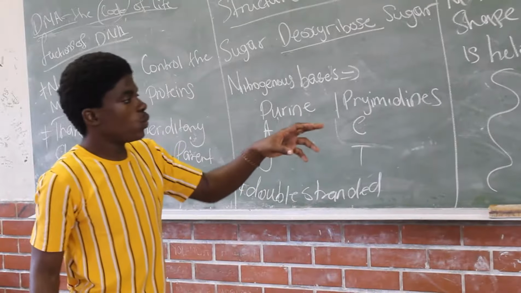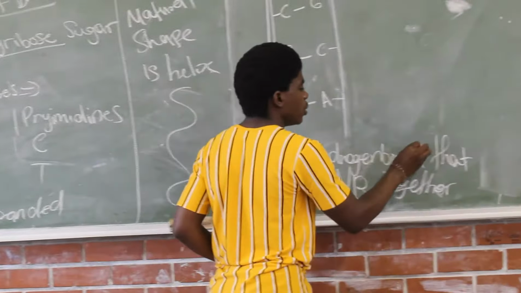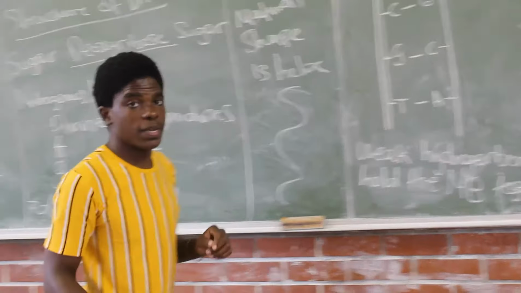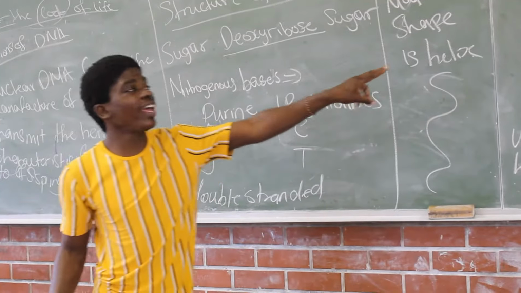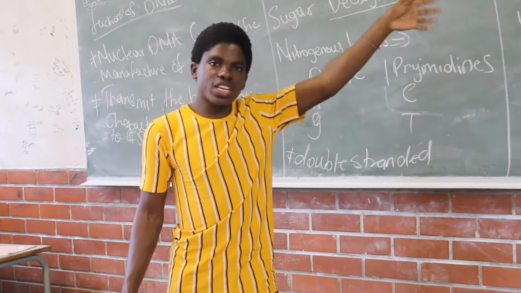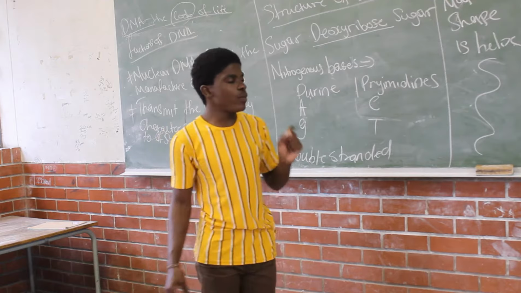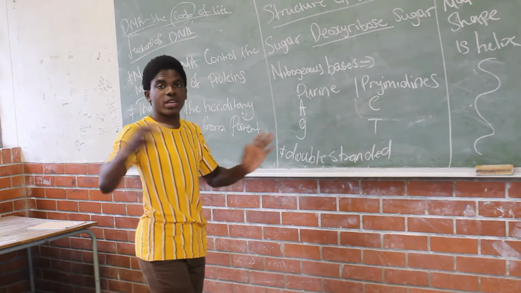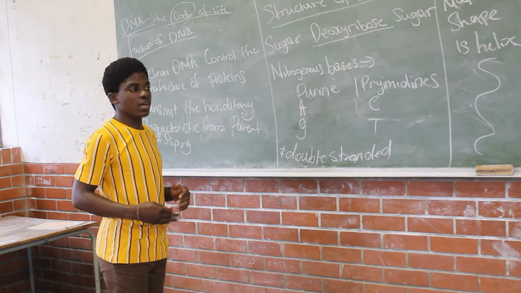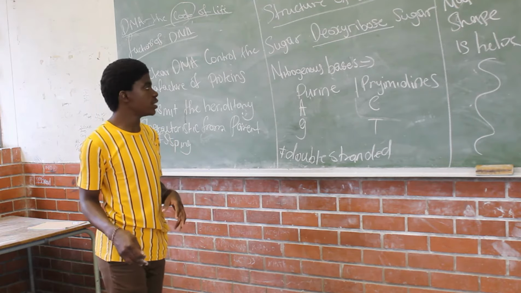So we have these weak hydrogen bonds that hold the nitrogenous bases together. Again, for it to be a double strand, the nitrogenous bases need to pair with each other. They need to work in pairs. They are partners in crime, if I can say that.